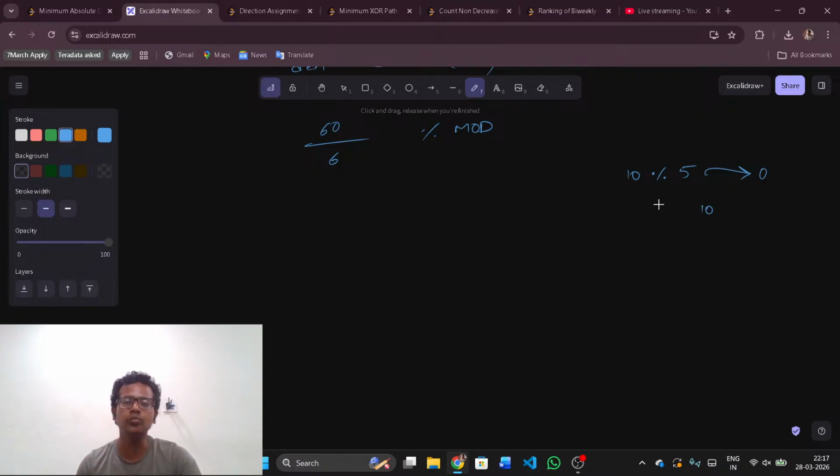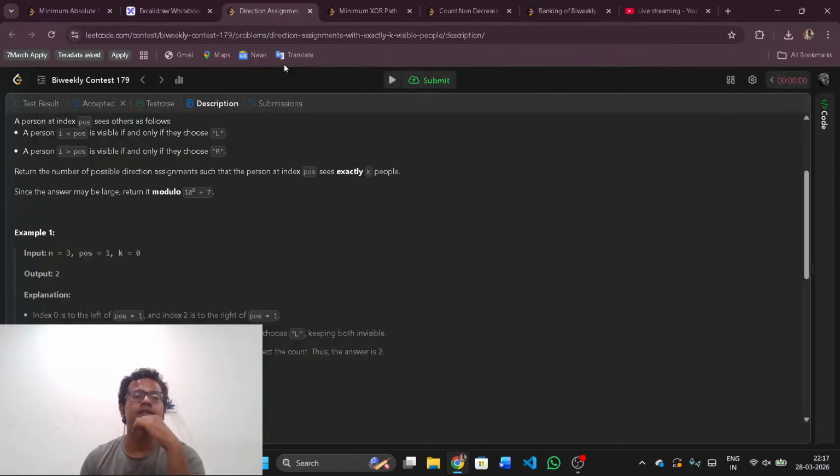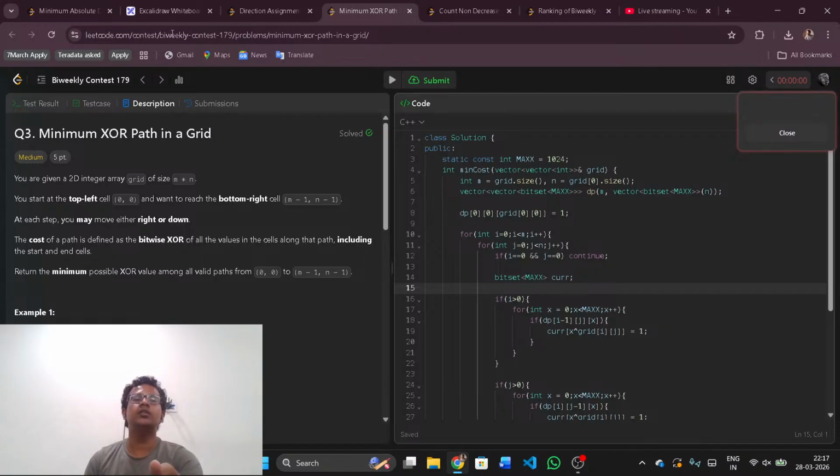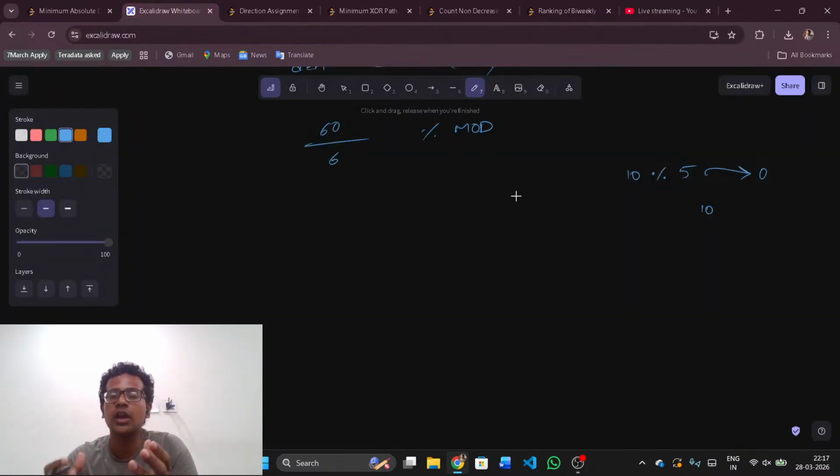I need 10, but I'm just getting 0, so it is getting out of the information itself. I need mod because, as they said, return it modulo 10 to the power 9 plus 7. If I just do that, I'll get the wrong answer. 10 modular 5 is giving me 0, but that's what I want to tell you.